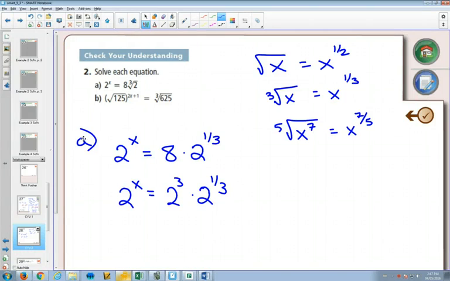Now we've got everything with the same base, but we want a single power on both sides of our equation. So what's our exponent rule here? If you've got 2 cubed times 2 to the 1/3, that's where you can add the exponents. What are you going to get if you add 3 plus 1/3?